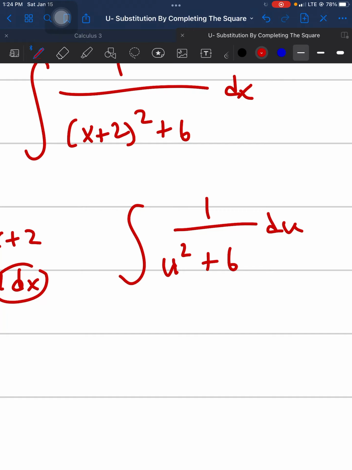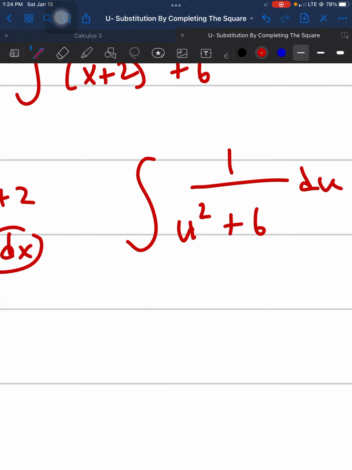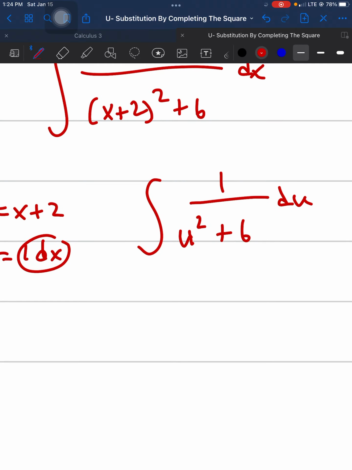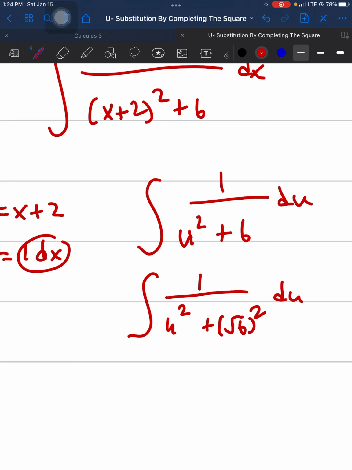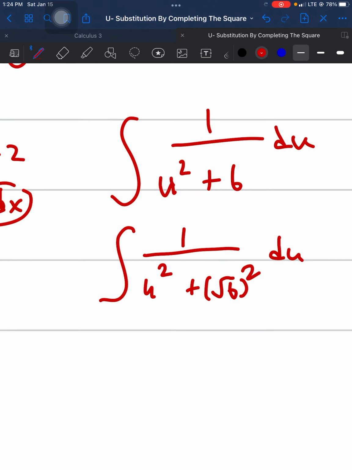So at this point, it would be handy to have an integral table on hand. So for this, what we're going to have to do is rearrange this equation a little, so that we have u squared plus radical 6 squared du. So radical 6 squared is just 6. I just made it so we're in the form that allows us to use the integral table.